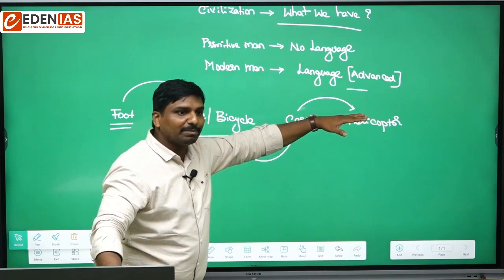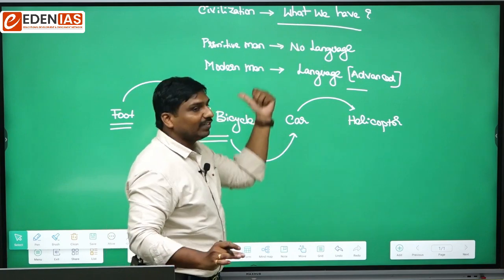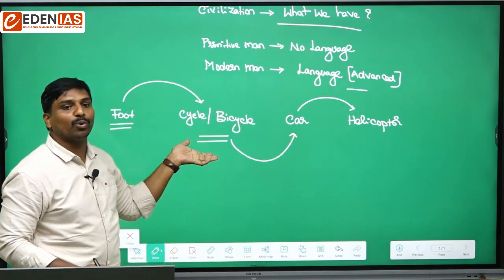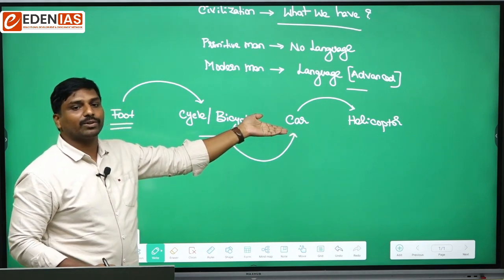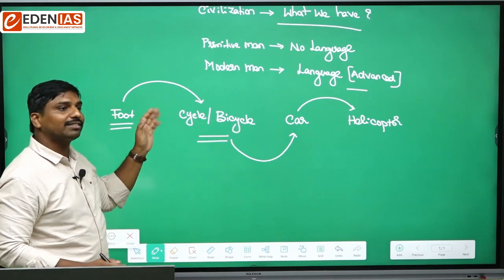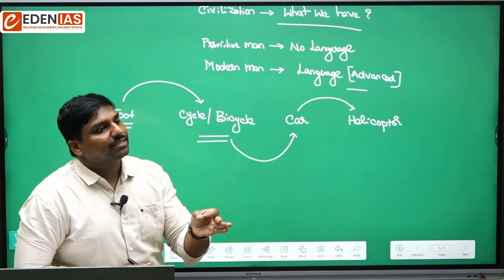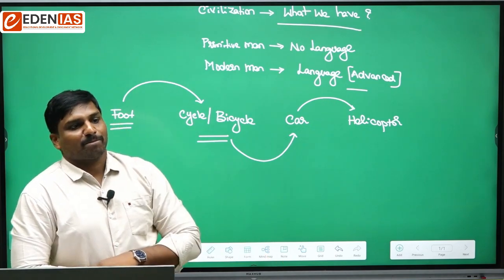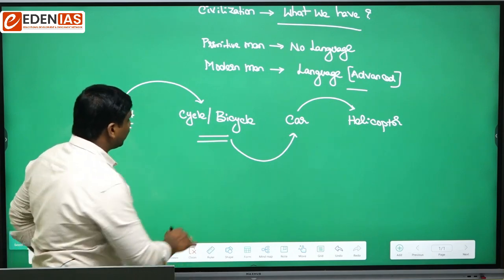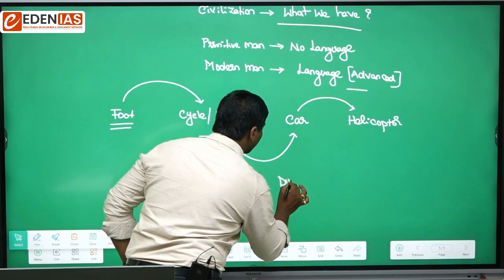Are you getting that? It says that civilization denotes the concept of what we have. A person may live in a hut, and a person may live in a duplex house.